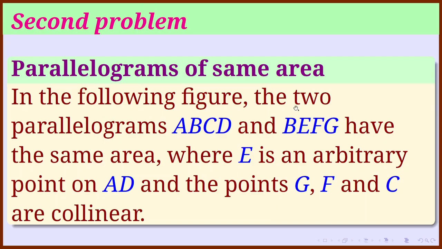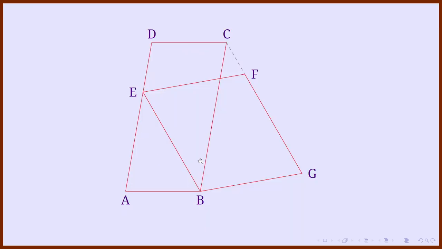In the following figure, the two parallelograms ABCD and BEFG have the same area, where E is an arbitrarily chosen point on AD and the points G, F, C are collinear. So these two parallelograms are constructed in such a way that E is an arbitrarily chosen point on AD and these three points G, F, C are collinear.